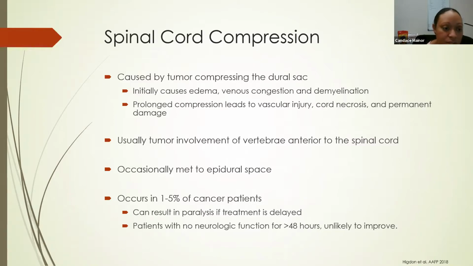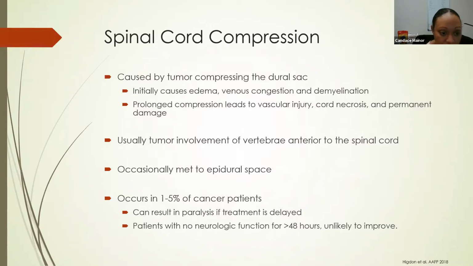So cord compression is caused by a tumor compressing the dural sac, which initially causes edema, venous congestion, and demyelination. And prolonged compression leads to vascular injury, cord necrosis, and permanent damage. The tumor involvement is usually of the anterior vertebrae, and there are occasionally mets to the epidural space.